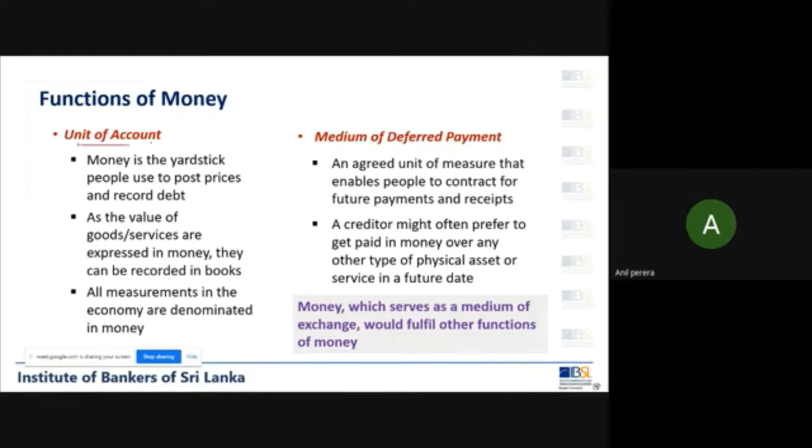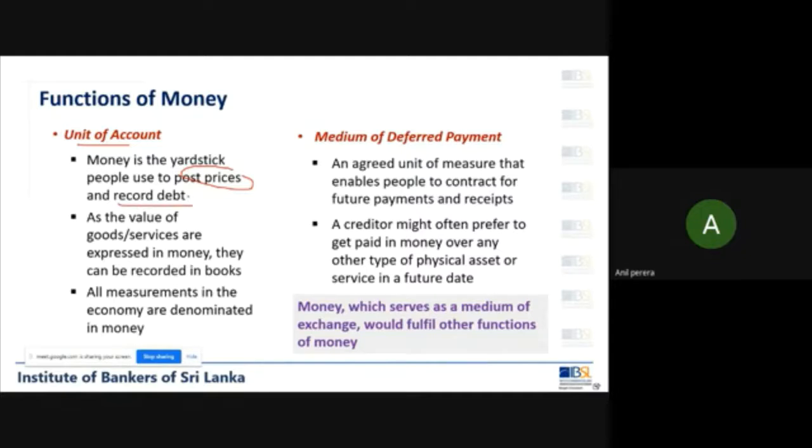Third function, unit of account. Money is the yardstick people use to post prices and record debt. As I said, prices are quoted using money. 25 rupees, 30 rupees, 50 rupees. Likewise, any product or a service is priced in money. Debt is recorded using money.